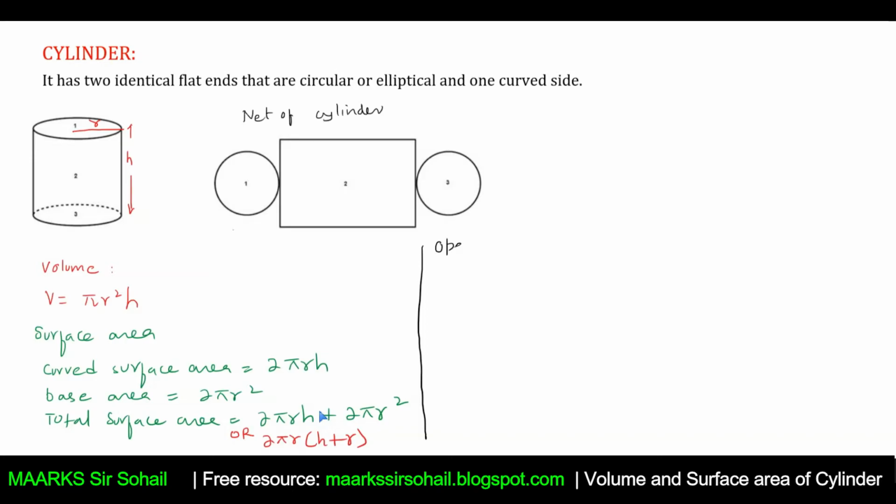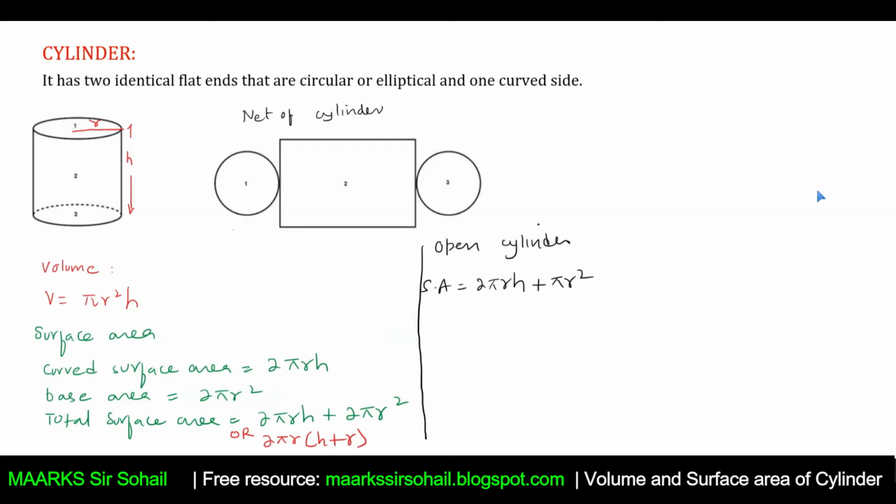If we have an open cylinder, then the surface area will be 2 pi rh, the curved part, which remains the same, plus pi r square. I'm not using 2 here because it's an open cylinder, so the top will be missing. The top is a circle, so one pi r square will be missing. In this way, you can write the formula for the open cylinder.